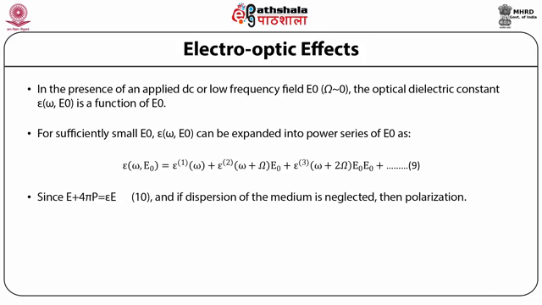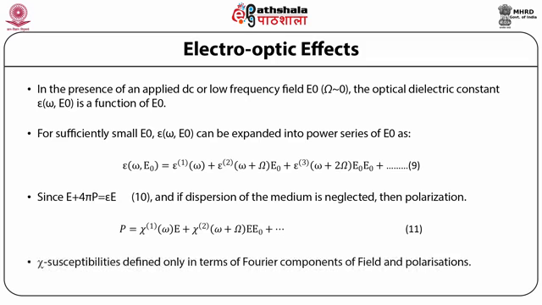Since E plus 4 pi P equal to epsilon E, and if the dispersion of the medium is neglected, then the polarization P will be equal to chi 1(omega) E plus chi 2(omega plus Omega) E naught plus so on, where chi represents the susceptibilities defined only in terms of Fourier components of field and polarizations.